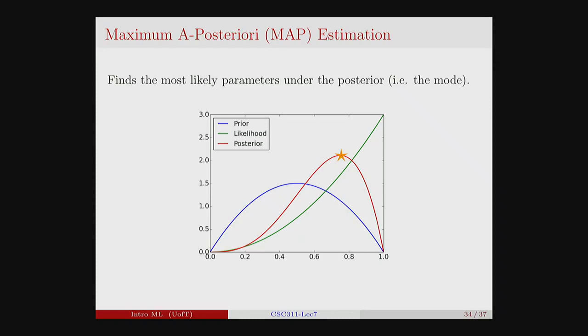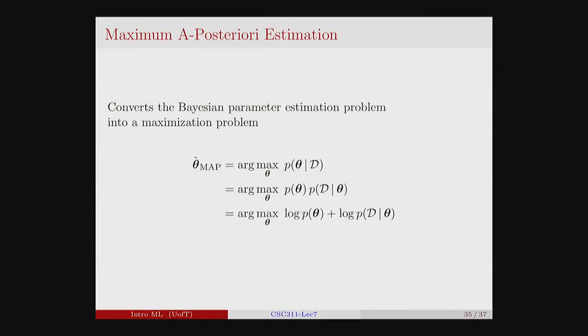So to calculate the mode of the posterior distribution, we are going to solve an optimization problem. So we're going to convert the Bayesian parameter estimation problem into a maximization problem. We're going to ask for the argmax of the probability density function of the posterior distribution of theta given the data set.